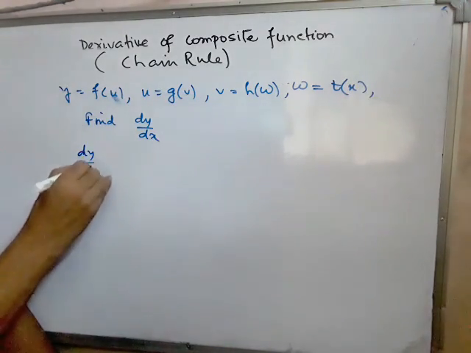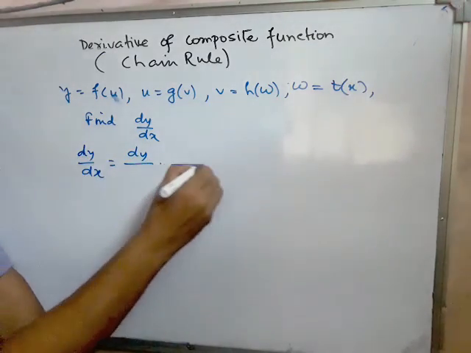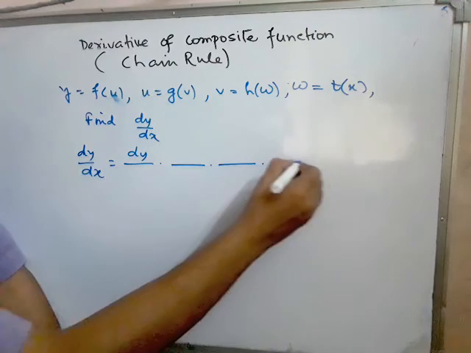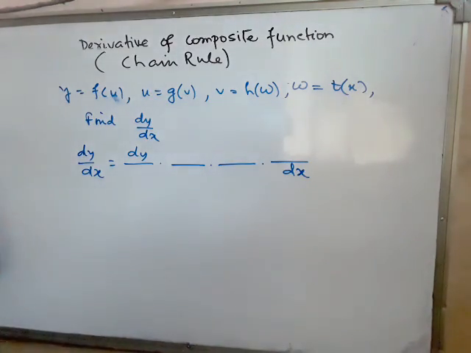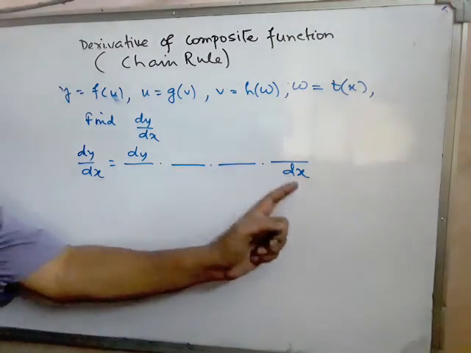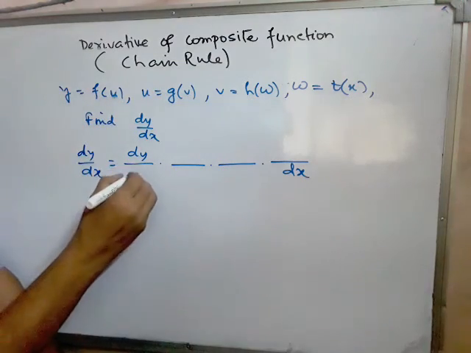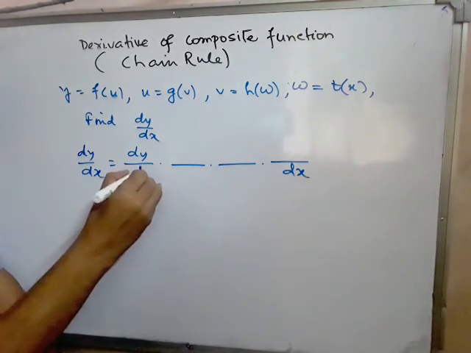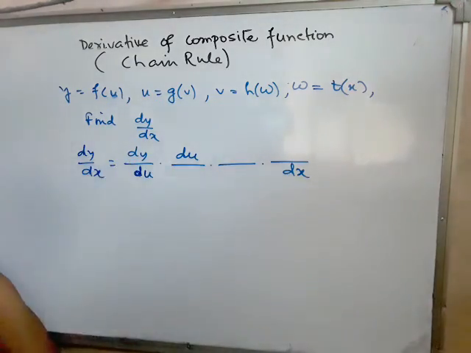dy by dx can be written as dy by dx. We have not written dx over here, we have written it at the last. Over here, since y is a function of u, introduce u and du, so that it will be balanced.